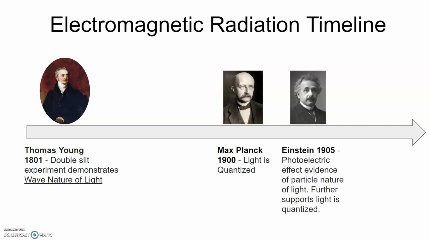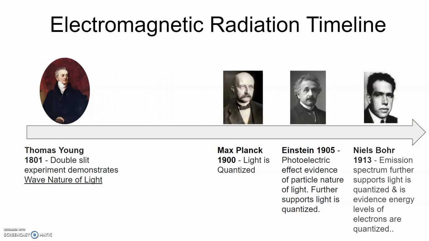And then 5 years after that, Albert Einstein explained the photoelectric effect as evidence for the particle nature of light, and that also further supported the idea that light is quantized. Finally, ending with Niels Bohr, who in 1913, analyzing the emission spectrum, said that the energy of electrons is quantized, which again further supported the idea that light itself is quantized.